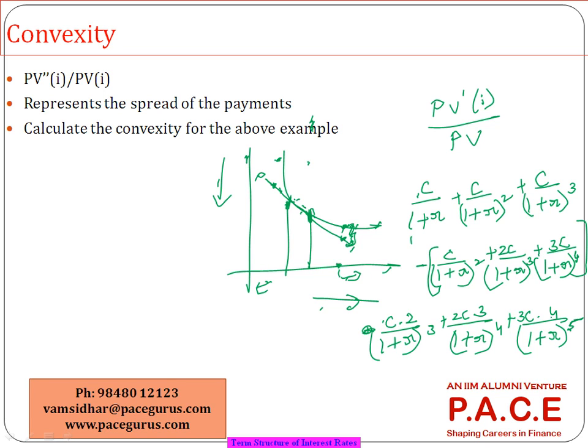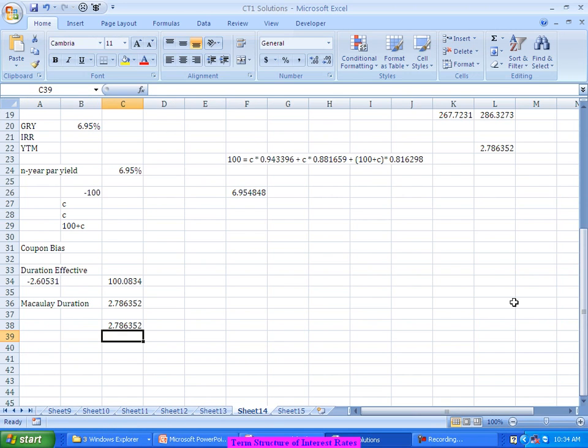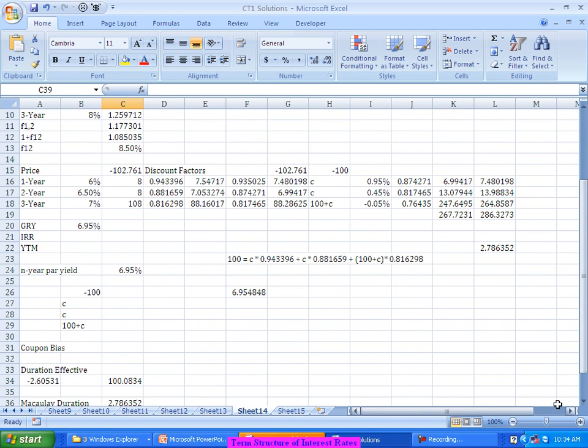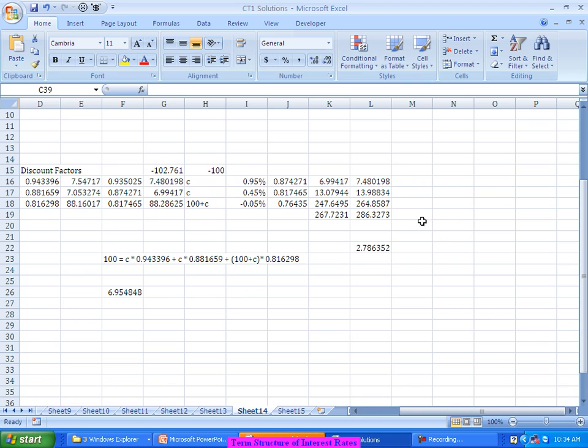So if I do the same logic, I have to find 1 plus R cube, and to the power 4 and to the power 5, as the discounting factors.